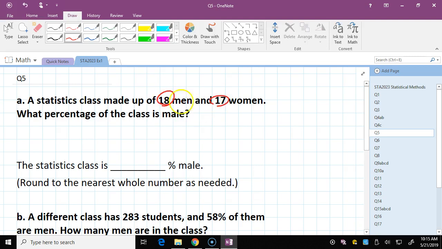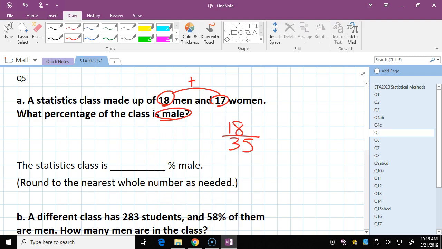So take these 2 numbers, 35. And that's going to be our denominator because that's how many people we have. What should be in the numerator? 18, because we're all about the males. So 18 goes up in the top.